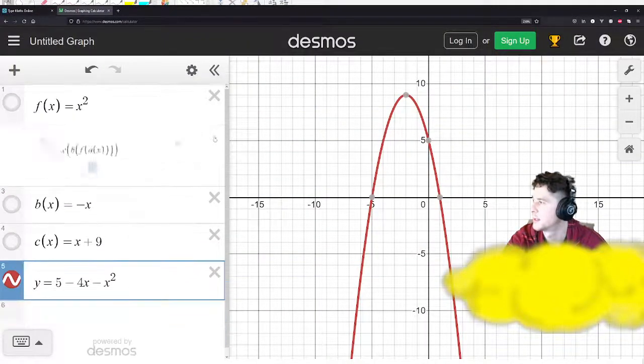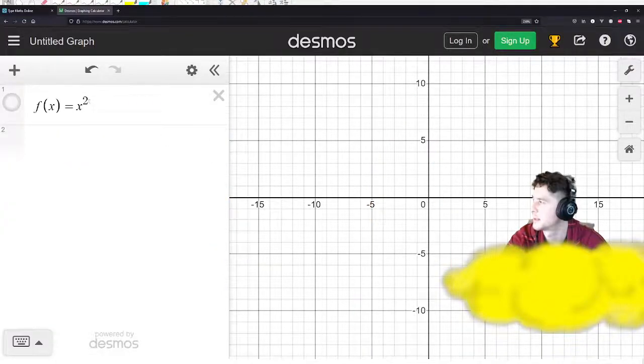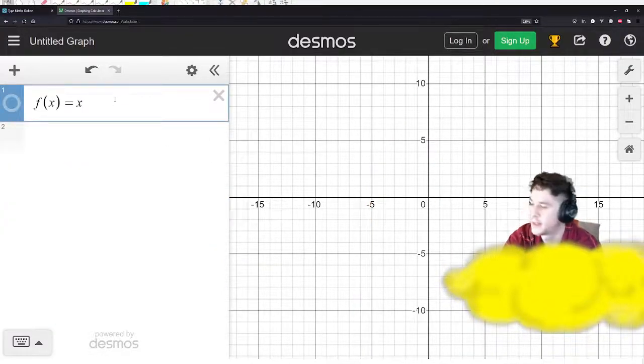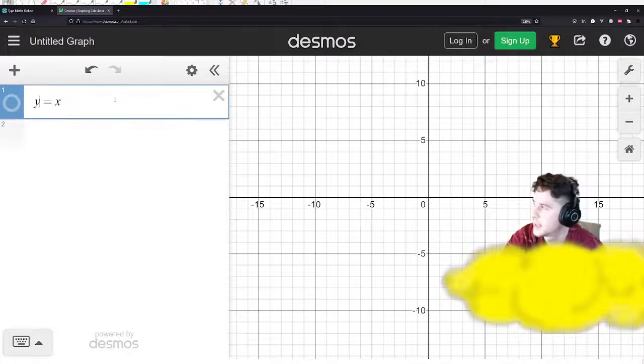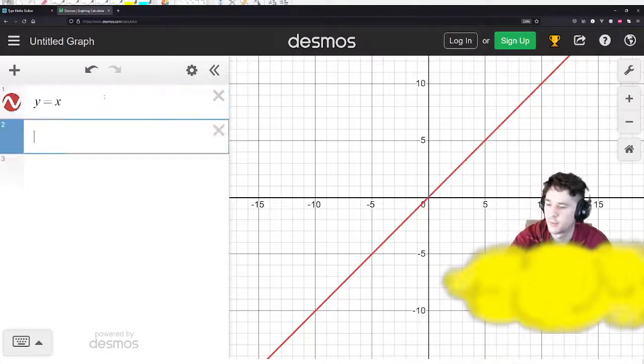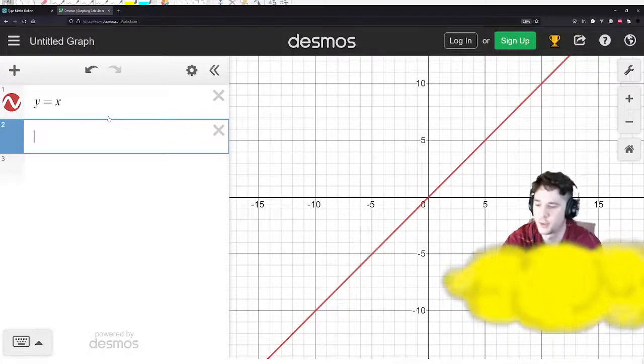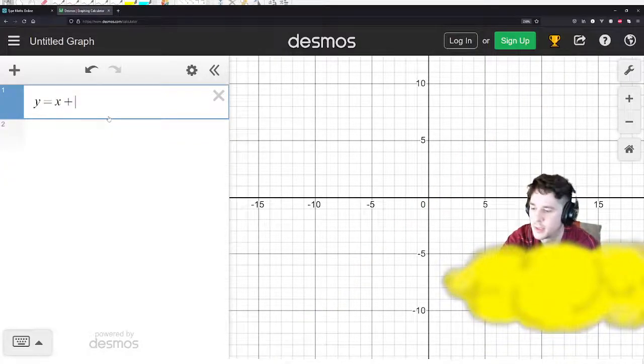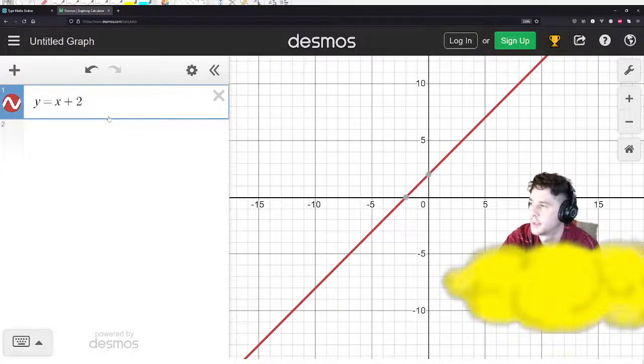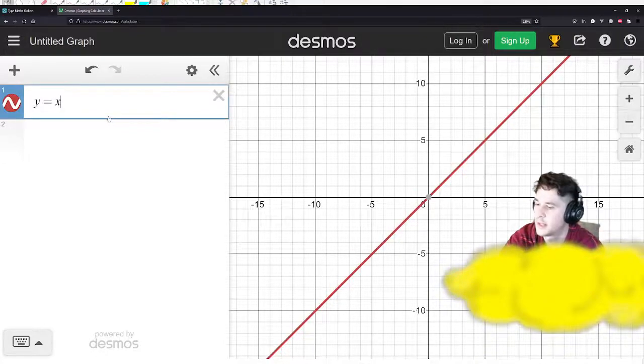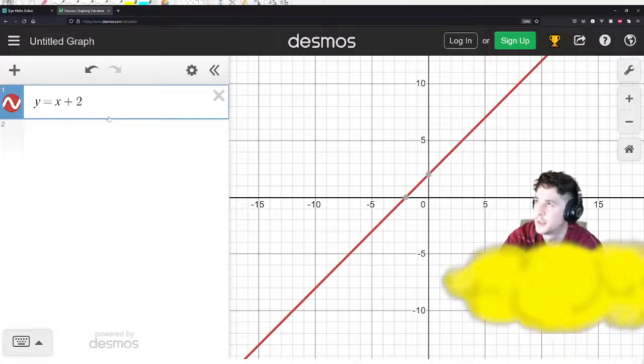Now I've already got a bunch of stuff graphed. Let's get back to the basics. So if we had y equals x, now we're interested in what we get when we have y equals x plus 2. If we just add 2 there, we can see it shifts to the left, right? So there's y equals x, and there's y equals x plus 2 shifted to the left.